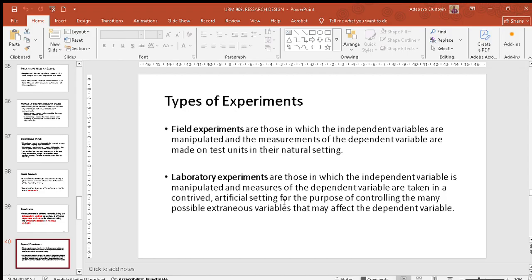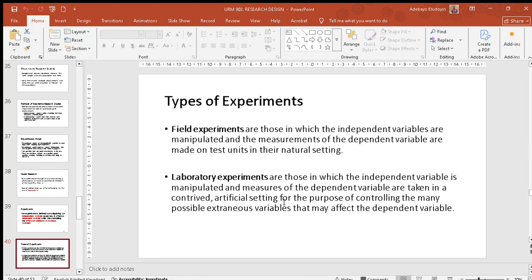And then you can have a laboratory experiment. The context of laboratory might differ. For psychologists, laboratory will be that room where you can see people behaving and they can't see you, where you can monitor people's behavior at a particular time.